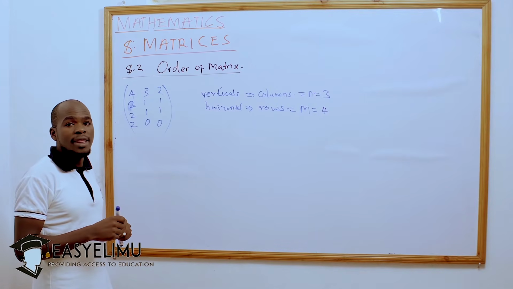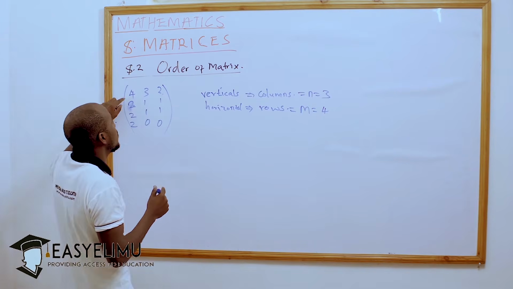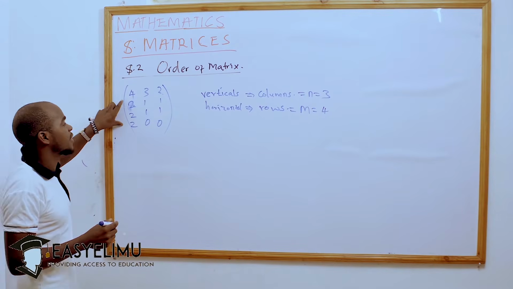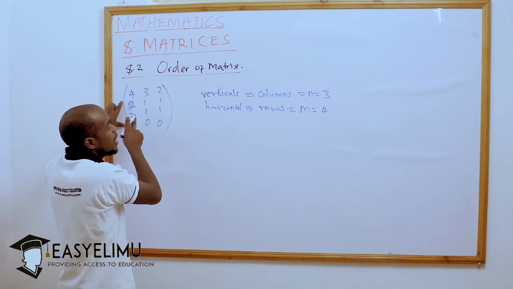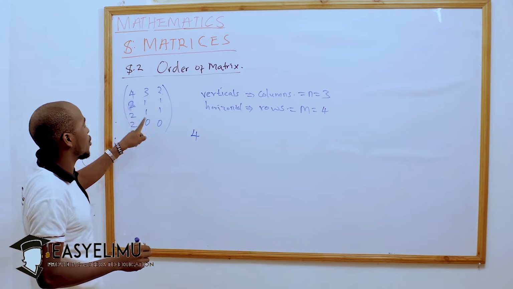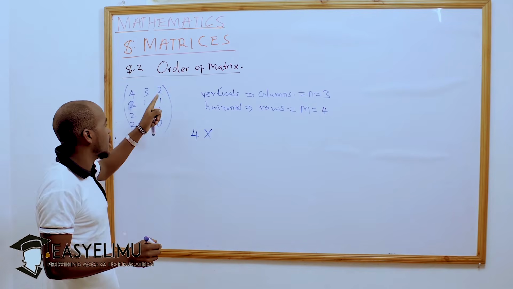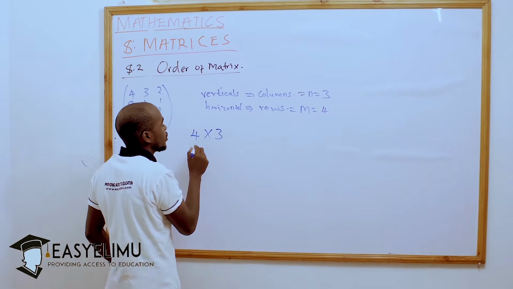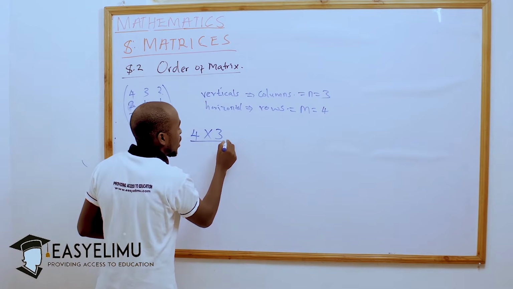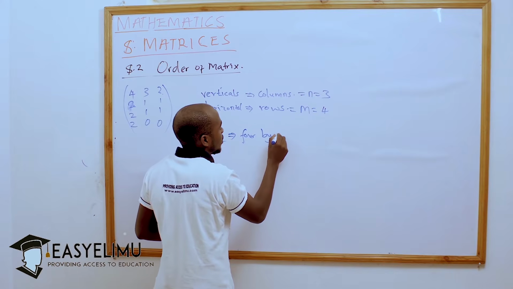For our case, we give the number of rows first, which is 4, as you can see we have 4 rows. Then there are 3 columns. So our matrix is of order 4 by 3, and it is read as 4 by 3.